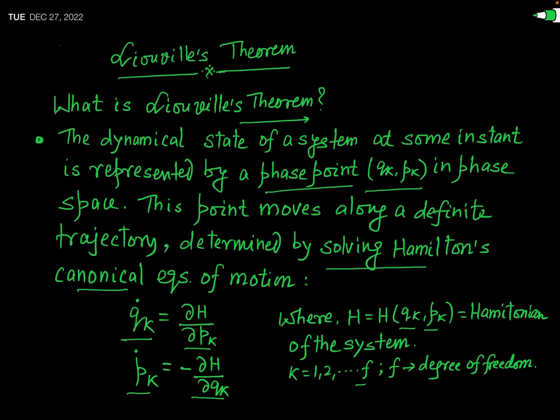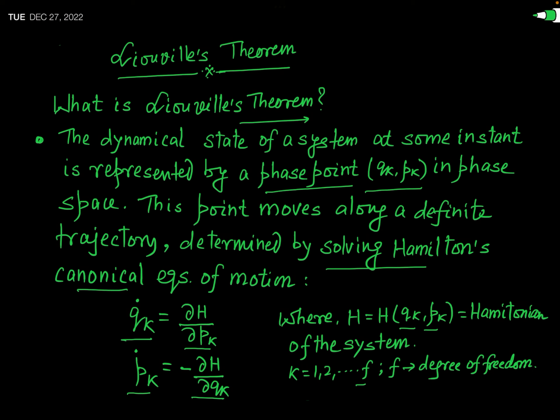Now, since the phase points are in motion, in phase space these phase points move from one region of the space to another region. And so the number of phase points may decrease in a particular region and increase in another region.